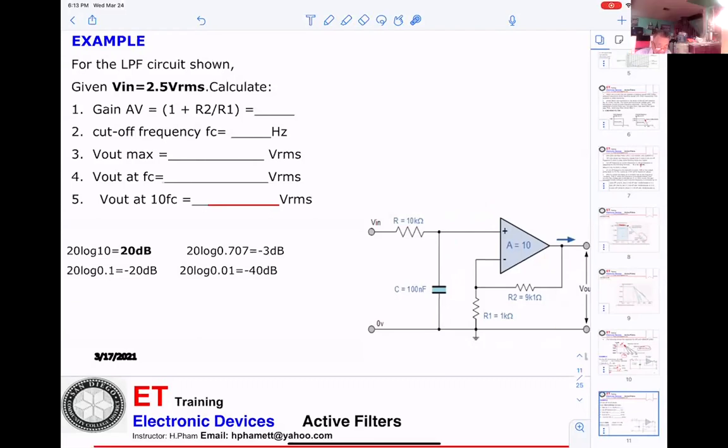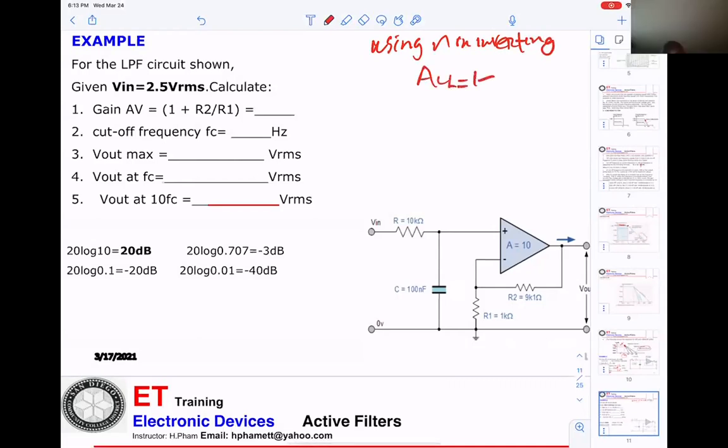Non-inverting, correct. Since it's non-inverting, the gain is going to be 1 plus R2 over R1. R2 is 9K divided by R1 of 1K, so the gain is 1 plus R2 over R1, right?